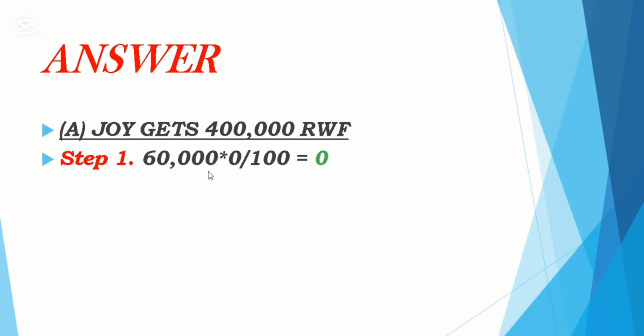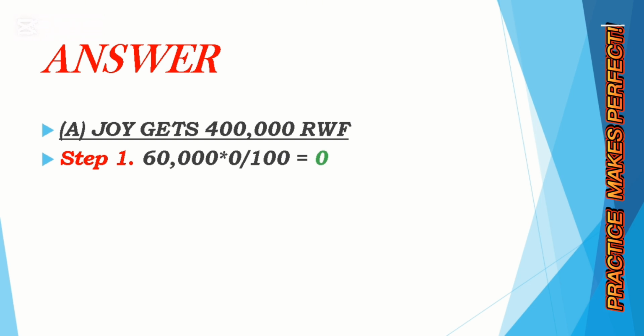Is it okay? Now, we need to proceed with step number 2 because Joy's salary is above even 200,000. So, step number 2, we are going to take the income that is ranging between 60,000 excluded through 100,000 included.